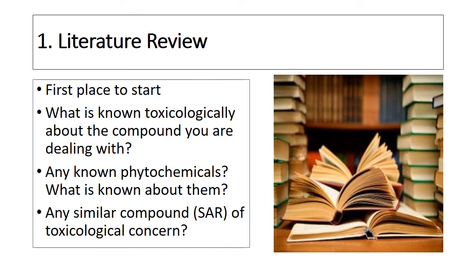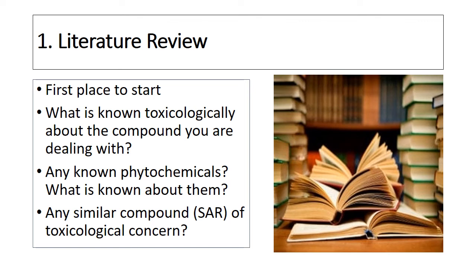For most of us, we're dealing with compounds which have been used in our countries or in our localities for a long period of time. And you'll find that with most of these compounds, work has been done on them. Your first point of call, even before you consider doing in vivo studies, is to find out what is known about the compounds.